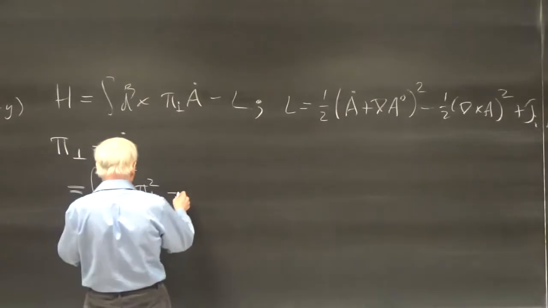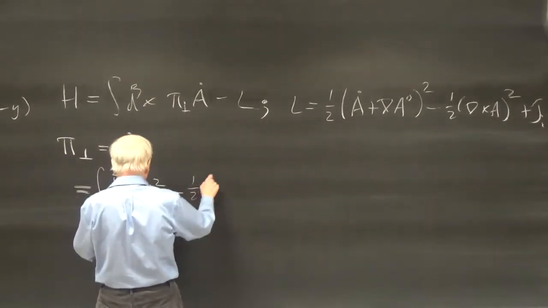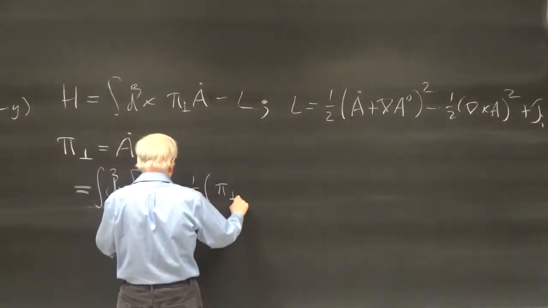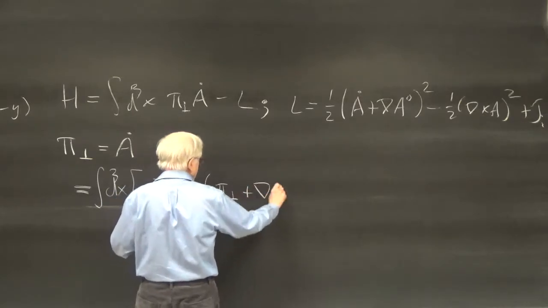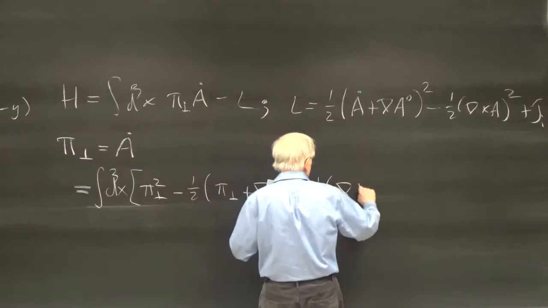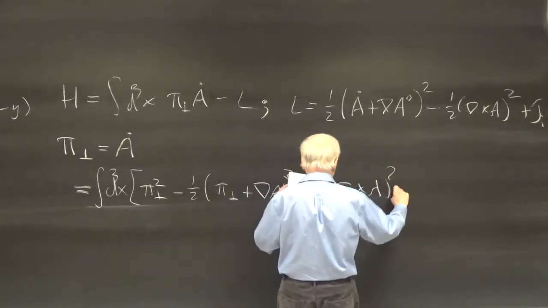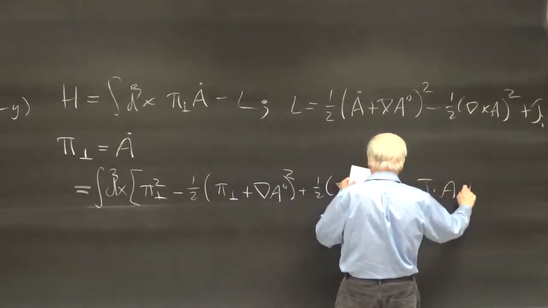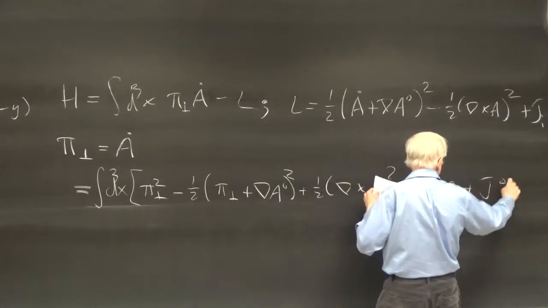Then when we subtract that, what we get is minus a half (pi transverse plus grad A0) squared plus a half (curl of A) squared minus J dot A plus J0 A0.